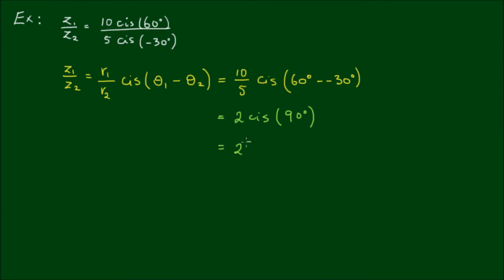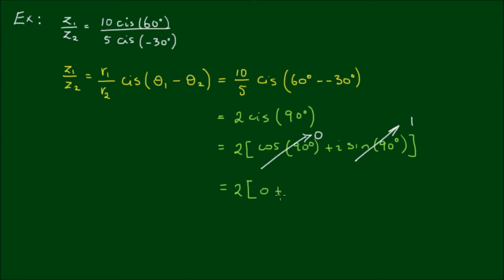So we have 2 outside of cosine of 90 degrees plus i sine 90 degrees. Cosine of 90 is equal to 0, and sine of 90 is equal to 1. So we have 2 outside of 0 plus i times 1, which of course is equal to 2i.